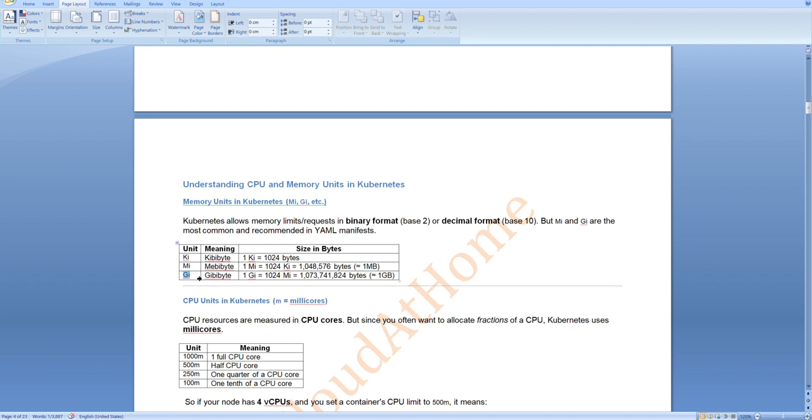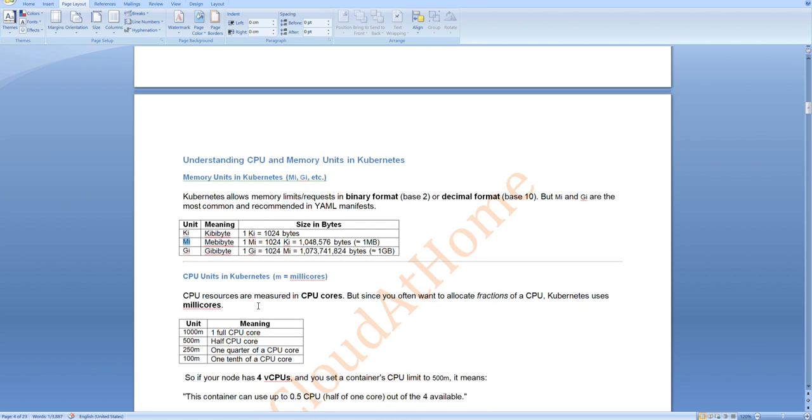But when you are writing the request and limits in the YAML manifest file, you need to mention Gi instead of GB and Mi instead of MB, right? So that part you can take care of. Okay, so I hope this part is clear. So Mi and Gi are the units and sizes we have to use.